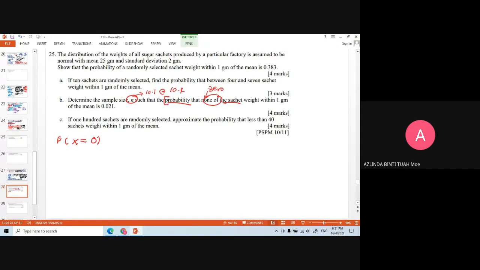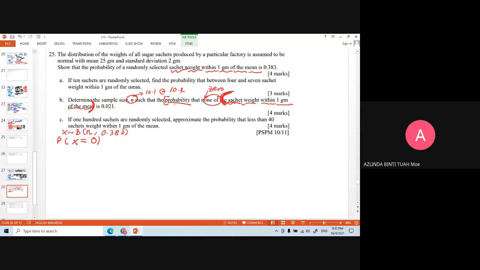Full stop, tutup bracket, tengok apa dia punya event. The sachet weight within 1 gram of the mean. So, yang saya buat line ni adalah event. Jadi probability untuk soalan B ni adalah 0.383. Jadi dia still gunakan event yang sama X. B, N yang perlu dicari, P 0.383.